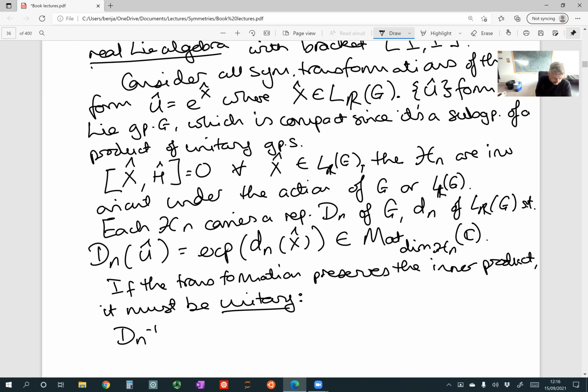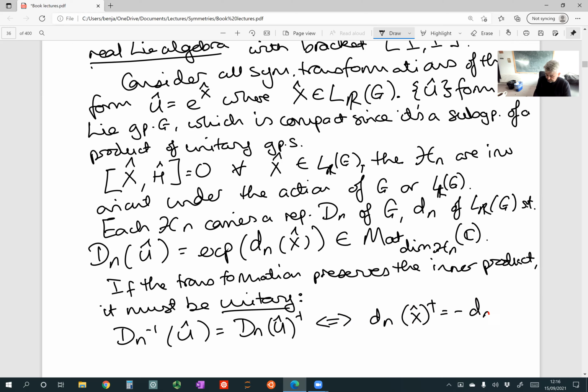So d_n to the -1 of u hat, the representation inverse, is just the representation Hermitian conjugated. And it's the same thing for the Lie algebra, of course, as well. Well, with a minus sign. Okay. He actually proved that it could be anti-unitary as well, but this isn't the case that we'll be concerned with.